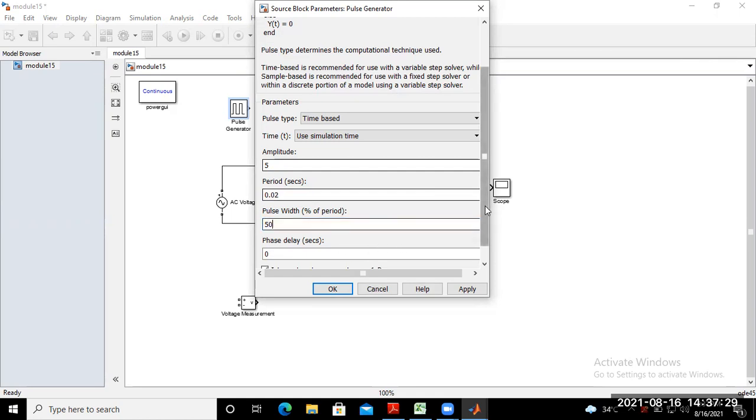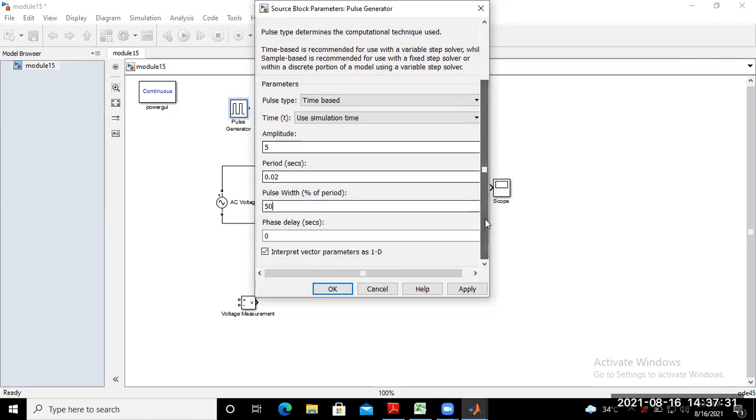So pulse delay in angle, suppose that we put, means the delay put here in seconds.